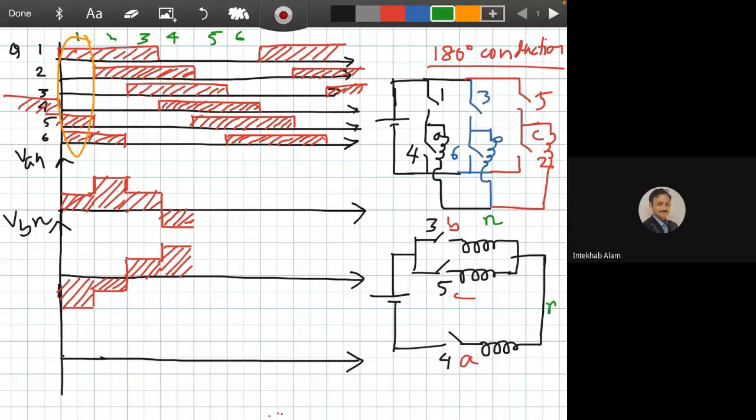What will be the value of AN? Minus 2/3. Excellent. What will be the value of VBN? Plus 1/3. Good.